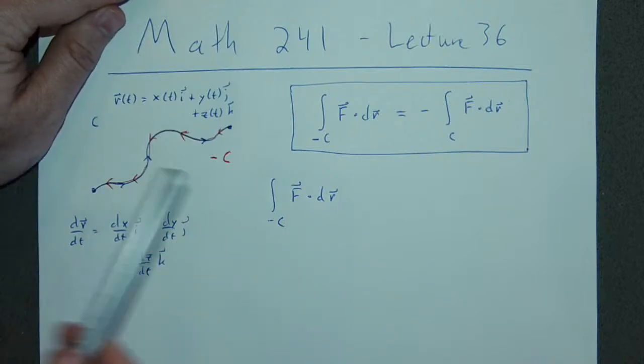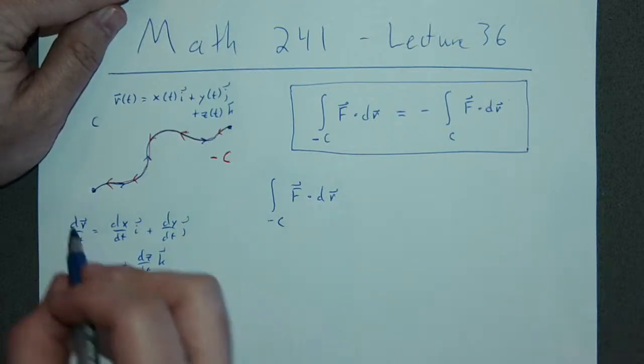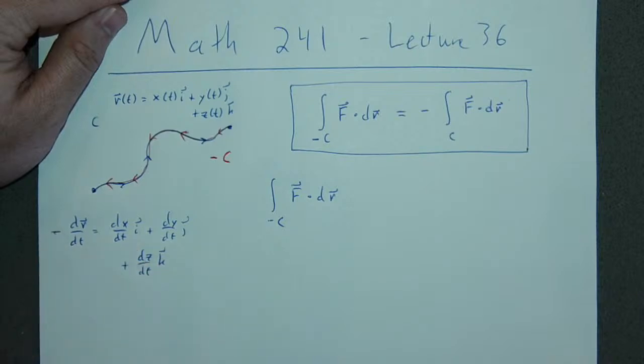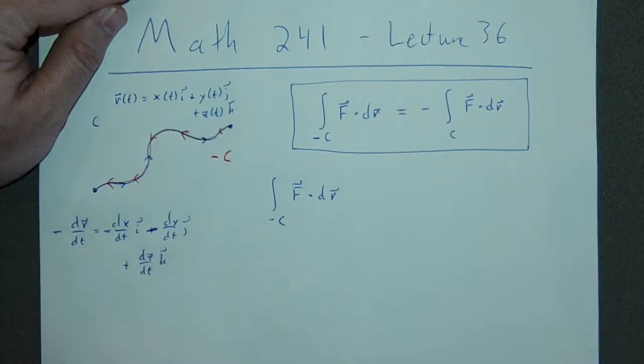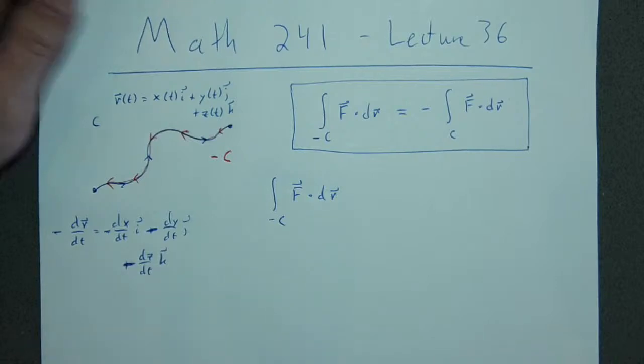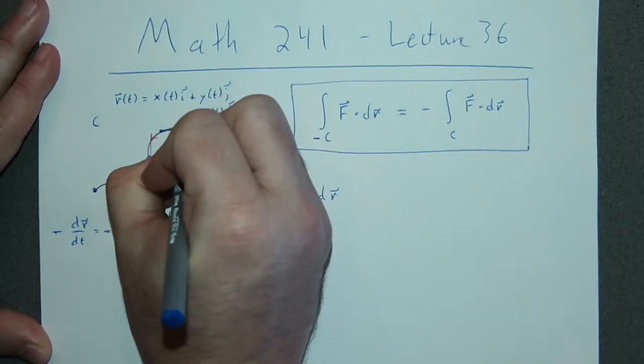So for minus C, instead of having dr/dt here, what do I have instead? Well, I have minus dr/dt. So this would be minus dx/dt, minus dy/dt, minus dz/dt. Why? The reason for that is because the orientation for a curve is determined by the direction the tangent vector is pointing.